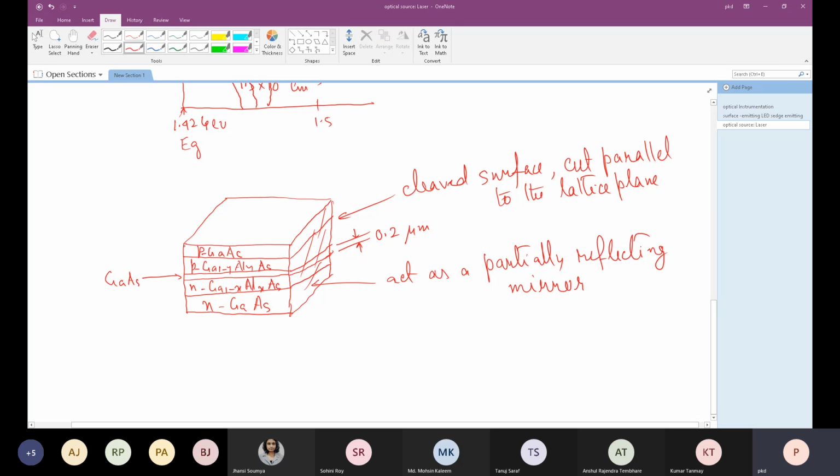And this side is a fully reflecting mirror, made by some kind of dielectric coating. Then we can have an electrode here.